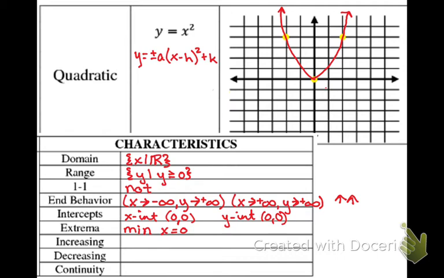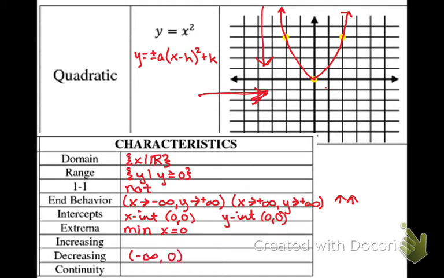Okay, increasing and decreasing happen at an extrema. And since we have an extrema, we're going to have this happening, correct? Okay, so from the left, from negative infinity, what are the y's doing if I'm coming this way? They're going down. So it's decreasing from negative infinity to 0.